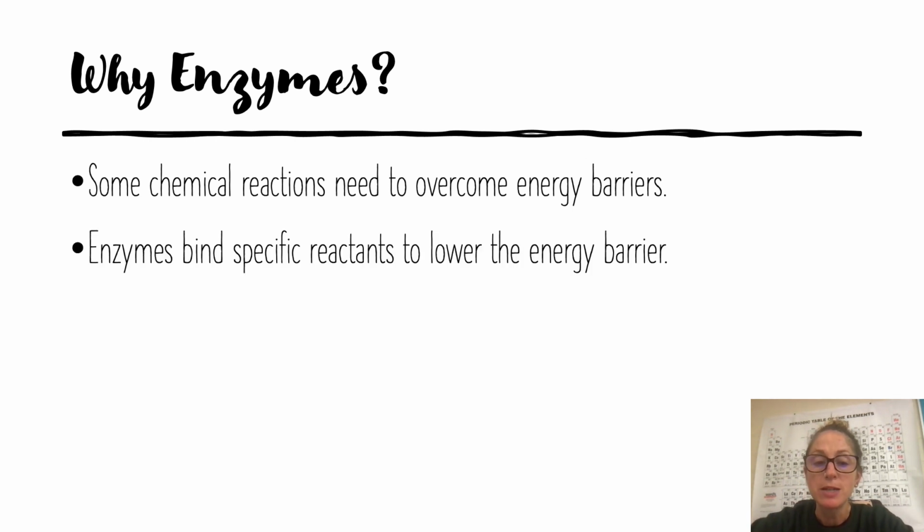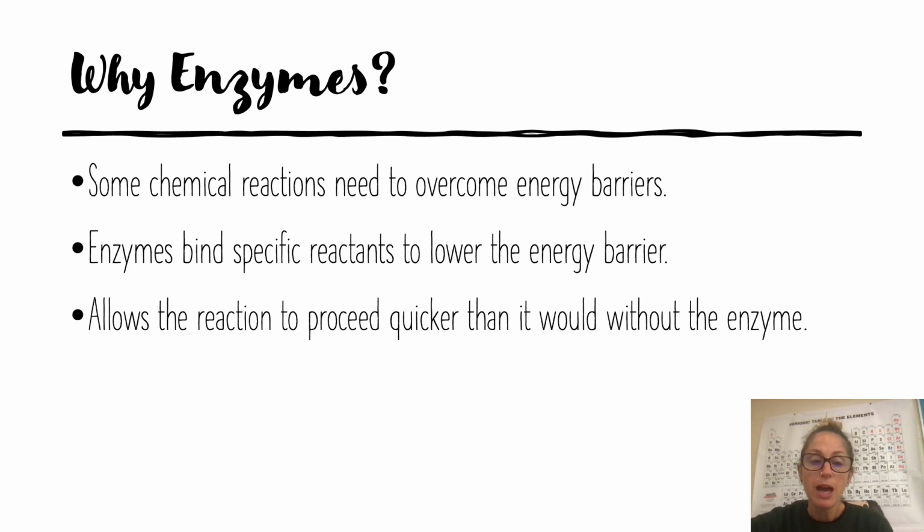Enzymes will bind specific reactants to lower that energy barrier. They'll actually bring reactants together to make it easier for that reaction to happen. Less energy will be needed, and it allows the reaction to proceed quicker than it would without the enzyme. So you can get more reactions happening, for example.